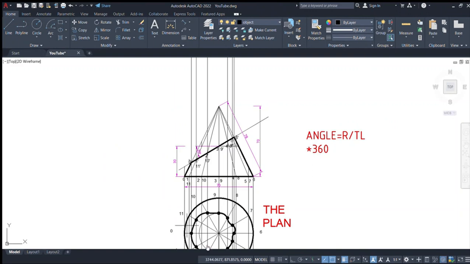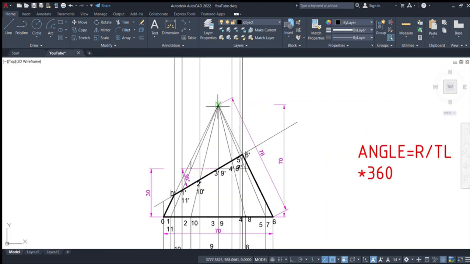So now you draw an arc from this point as the center to this point as the radius. Now the angle is 161.5 degrees.